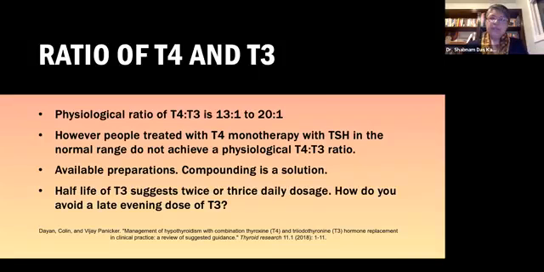The other major deciding factor is cost. In India, actually all my patients, very few are ever on a T4, T3 combination. Because I'm sure it's the same in Indonesia and Malaysia and Singapore, Vietnam, everywhere, where patients have to pay from their pocket for the treatment.